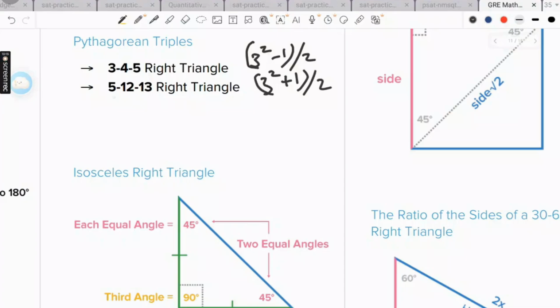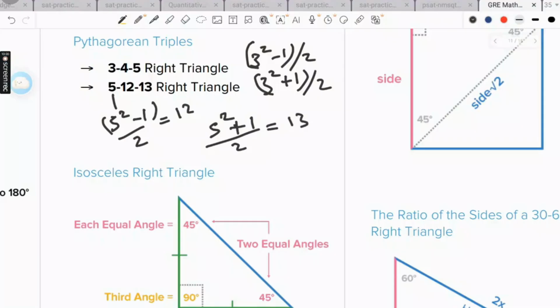Try the same thing with 5. Take 5 squared minus 1, then divide by 2. It gives you 12. Take 5 squared again, add 1 to it, divided by 2. You see that it will give you 13. This is how to generate Pythagorean triples starting with an odd number.